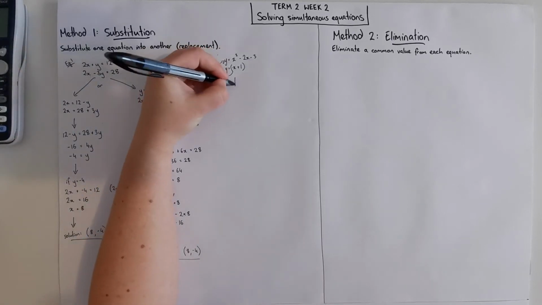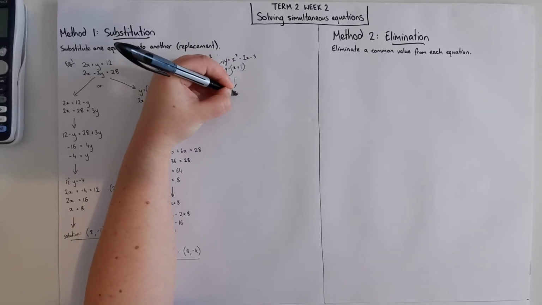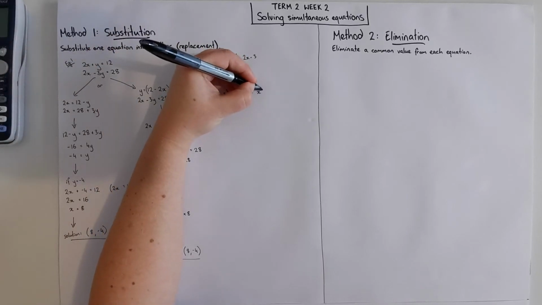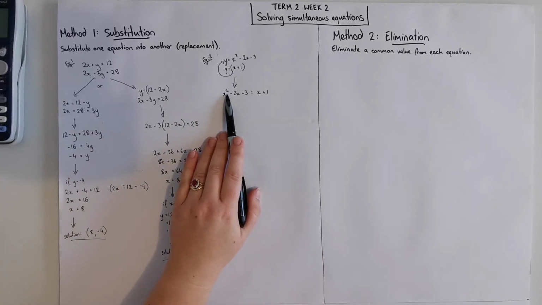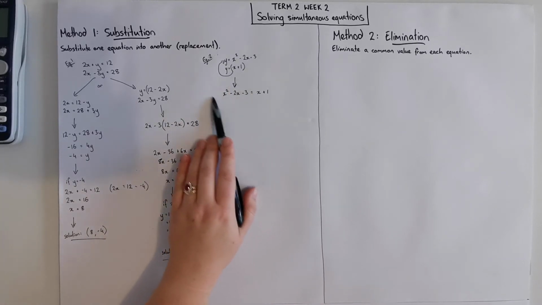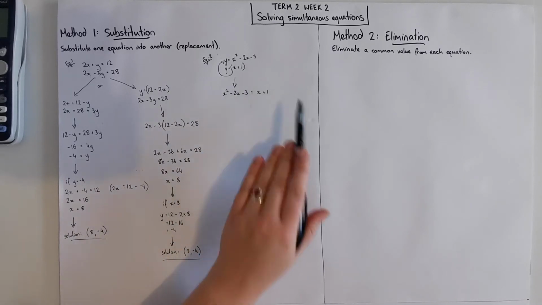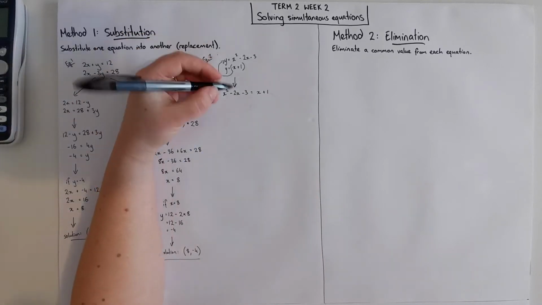So my next step is simply to say that x squared minus 2x minus 3 from my first equation is equal to x plus 1 from my second equation. This is still just substitution. Now I know that this is a quadratic because I have a power of 2 here. It's in polynomial form, but in order to solve a quadratic I must set it equal to 0, which means this right hand side I need to shift.